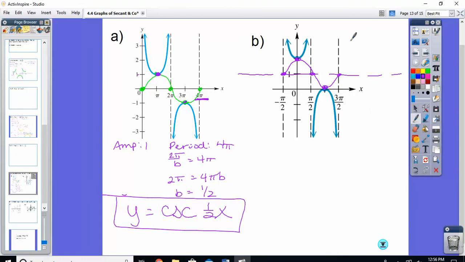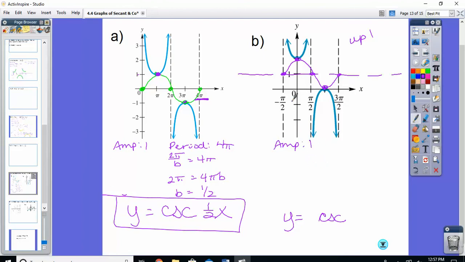So this graph was moved up 1. That purple graph I drew in, is it sine or cosine? Sine. So the reciprocal of sine is cosecant. Amplitude. How far above or below that line do we go? 1. So our amplitude is just 1.